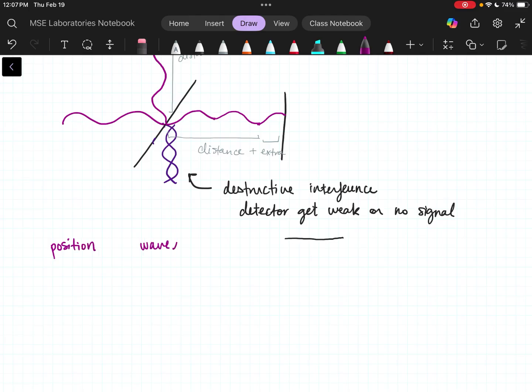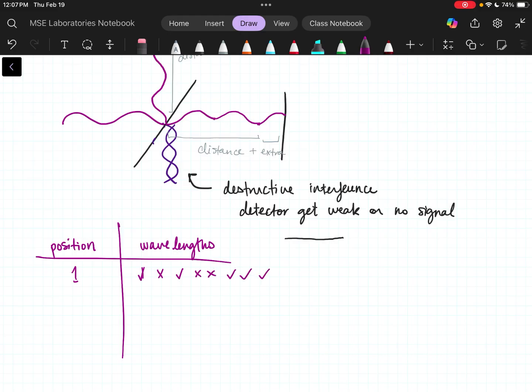So what happens is we can create a table. I'm gonna move back to my original pinkish purple. Position and wavelengths. At position 1, I get this wavelength, yes wavelength, no wavelength, yes wavelength, no wavelength, no wavelength, yes, yes, yes.